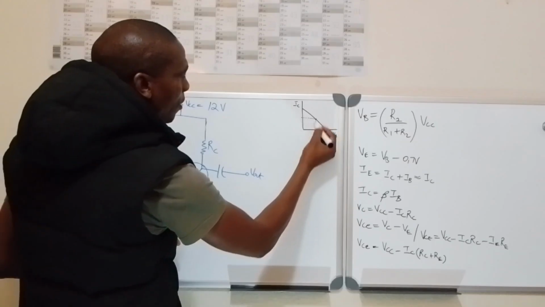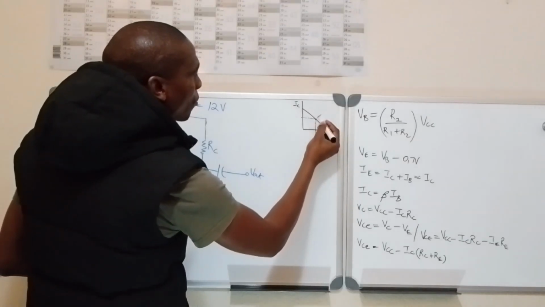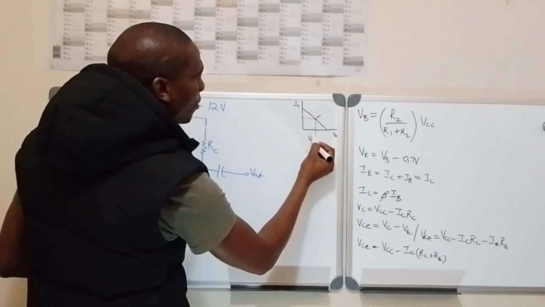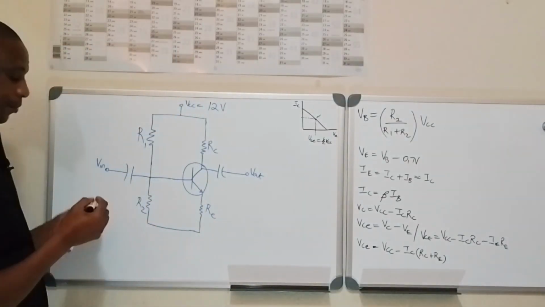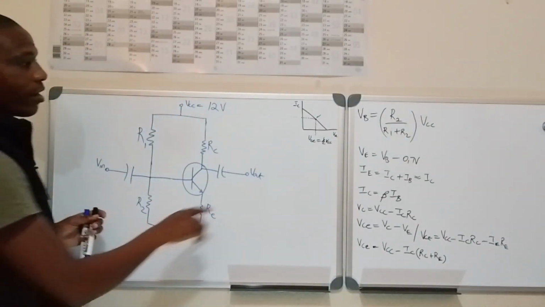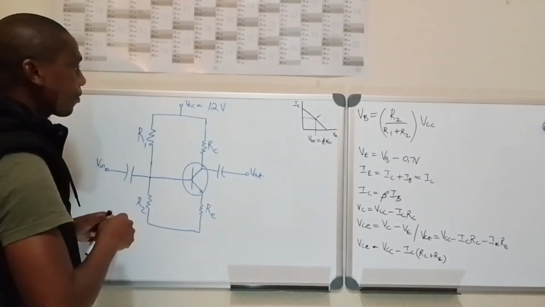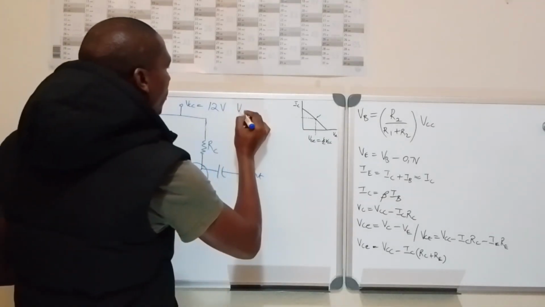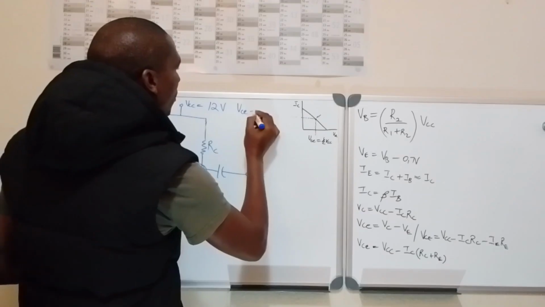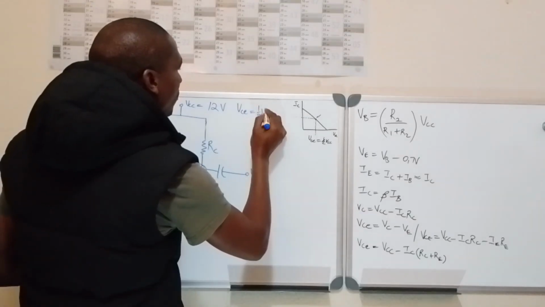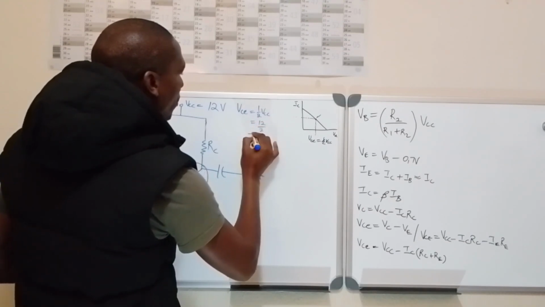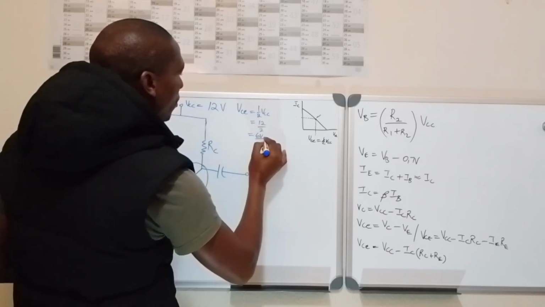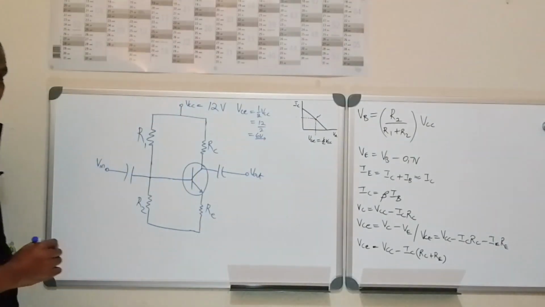We know that at this operating point, VCE is equal to half VCC. So now we already have one value. VCE is equal to half VCC, which is 12 over 2, and that is equal to 6 volt.